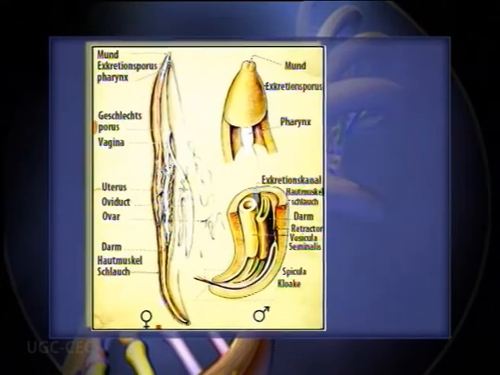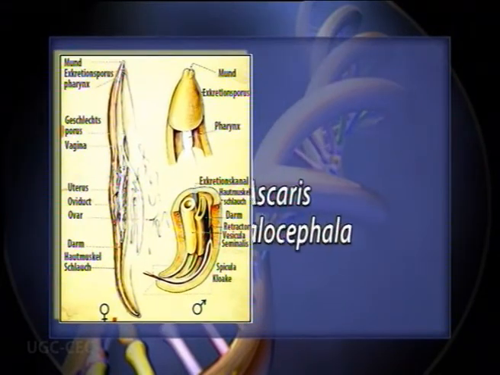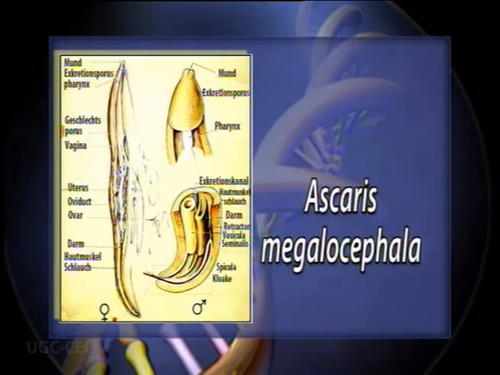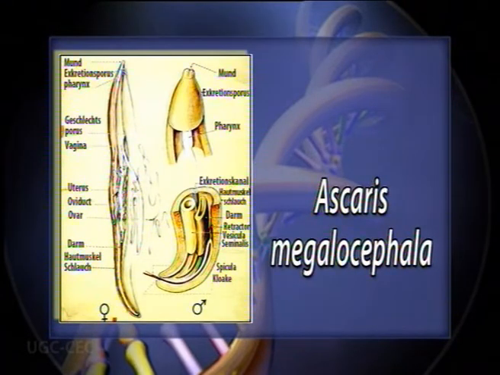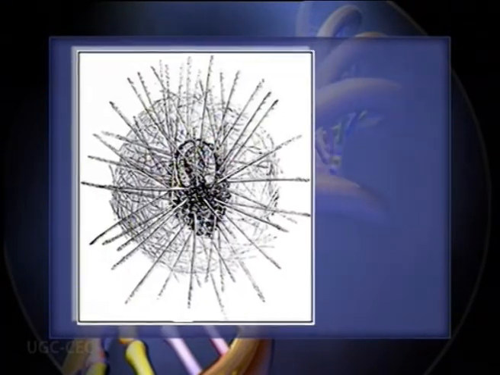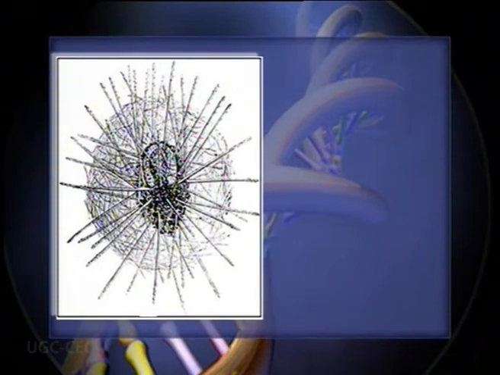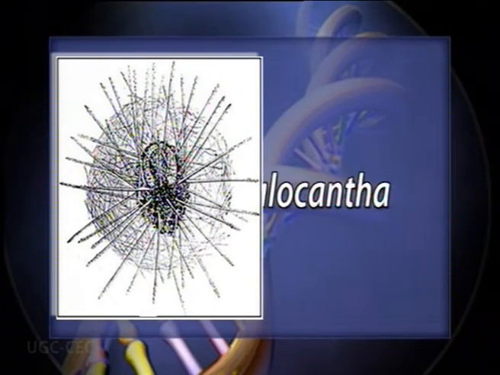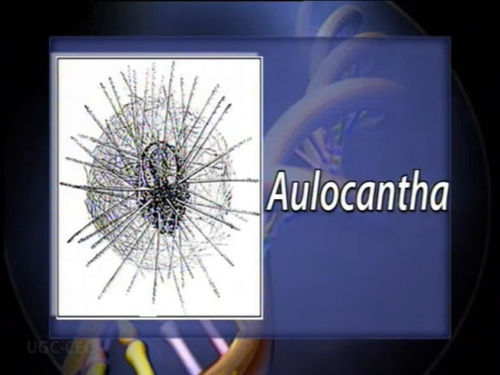In animals, the lowest number is found in Ascaris megacephala with a diploid number of 2, while the highest number of chromosomes is found in Radiolarian protozoan Aulacantha with a diploid number of 1600.